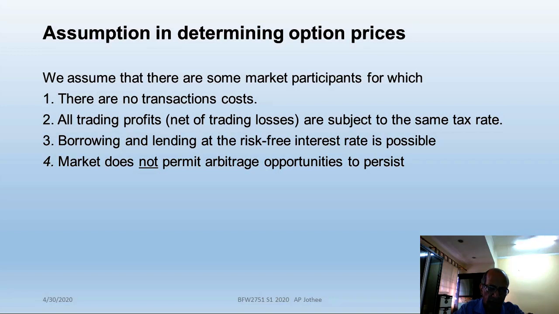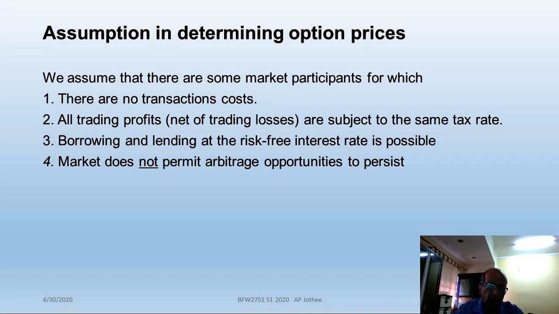It's not that when you profit you have one rate, and when you lose, there's nothing. Very important, borrowing and lending is possible at the risk-free interest rate, the same rate for lending and borrowing, and it is continuously compounded. And more important, the market does not permit arbitrage opportunities to persist.